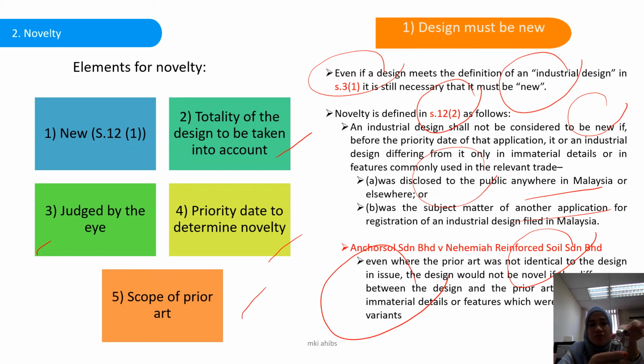The new article that wants to be protected under ID is, let's say, he moves this button to the left hand side and there is no design at the back of the watch. Can this be protected under ID? If we refer to the case of Angkoso Sdn Bhd and Nehemiah, no, it still cannot be protected under ID, because the differences between the prior art, this current watch, and the article they want to protect are only in immaterial details.